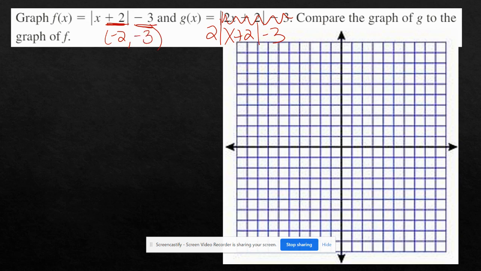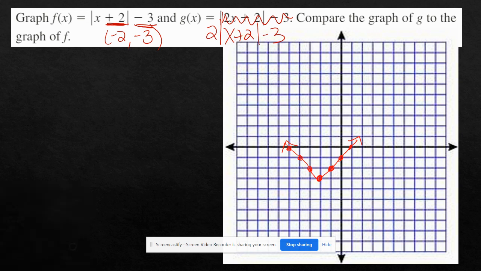And so that means that on our graph, we have negative 2, negative 3. And then remember, we're going up 1 over 1, up 1 over 1, up 1 over 1 to graph that. And so there's the first graph.